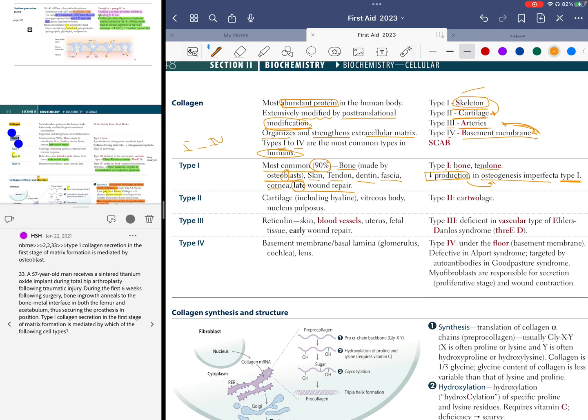So there is new bone formation around the metal prosthesis, the bones growing all over it.